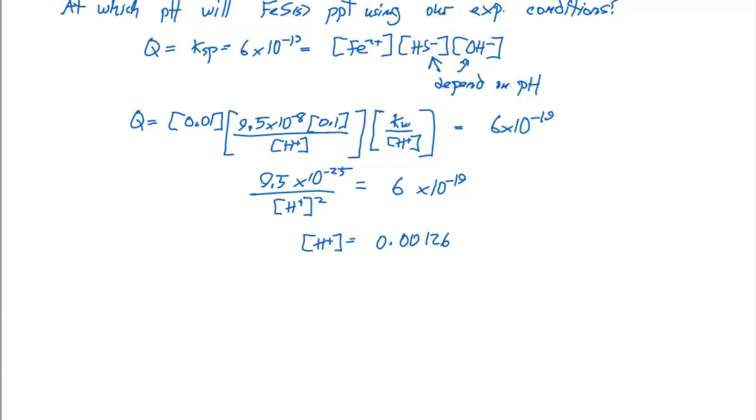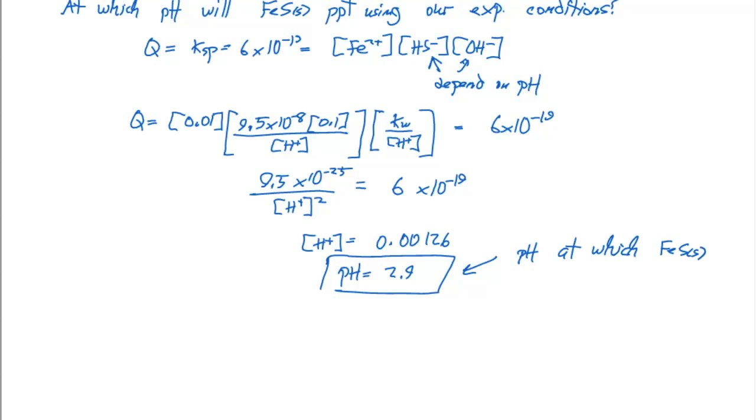If we take the negative log of that, the pH ends up being roughly 2.9. So this is the pH at which FeS will begin to precipitate.